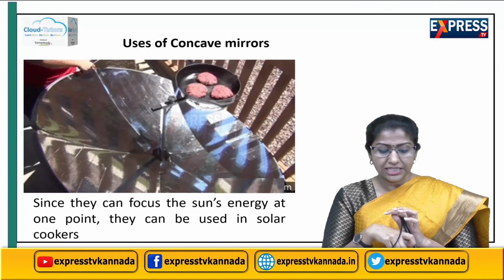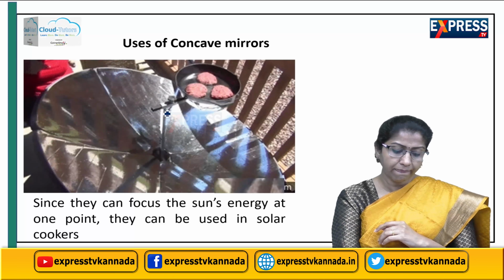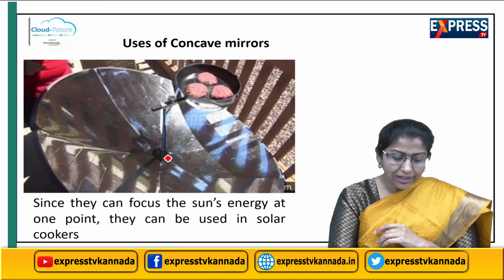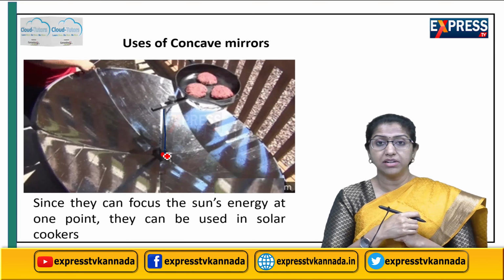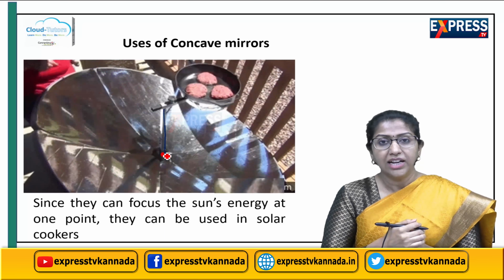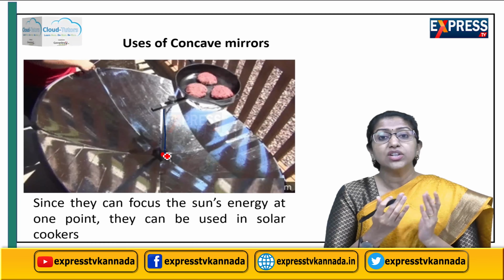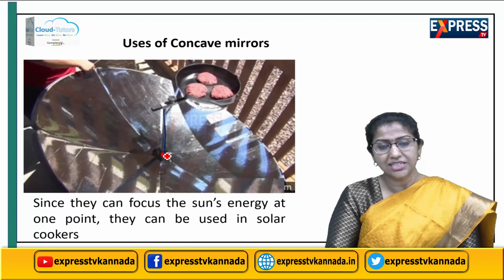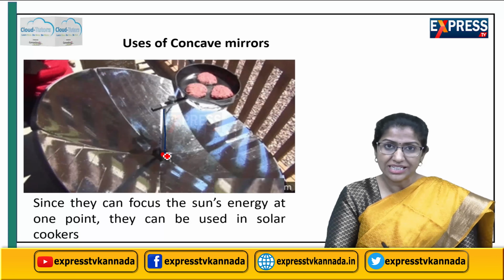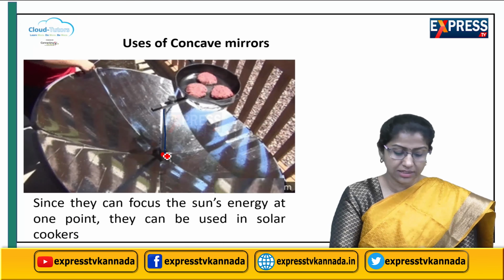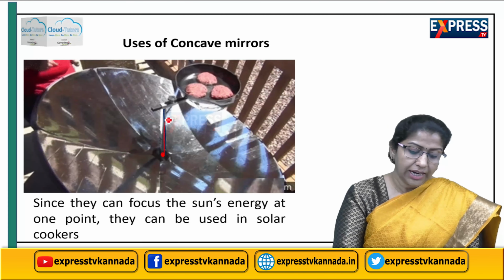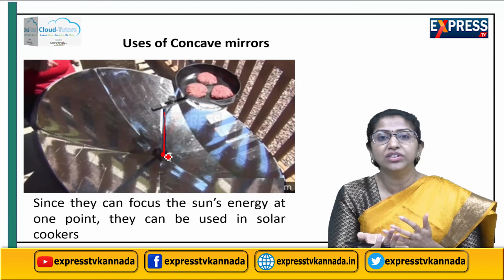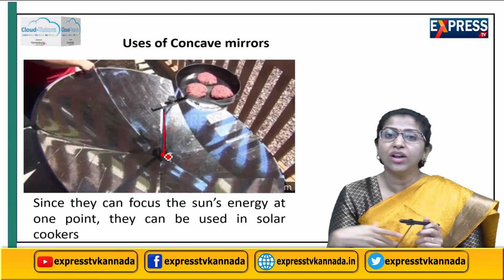But here in this case, you see that there is an aluminium rod, or a conducting rod, kept at the focus of this concave mirror, and it is used as a solar cooker. Now, how does this work? Since it's a concave mirror, it converges all of the solar energy, in this case sun rays, at one single point, and since it is focused at this point, it basically supplies enough amount of heat to heat up the pan and cook the food. Hence, it is used in solar cookers.